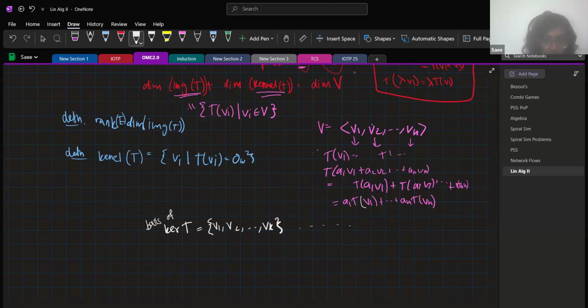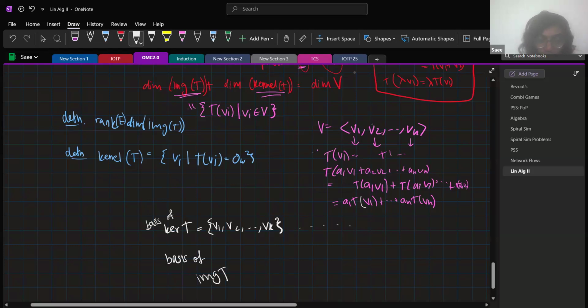Right, so we can also say the basis of image of T is, let's say, some things like W1 up until WL.